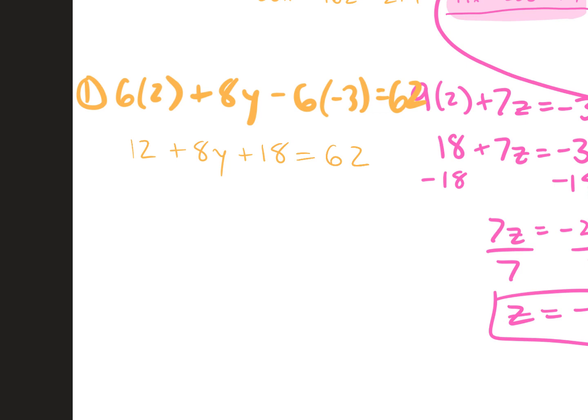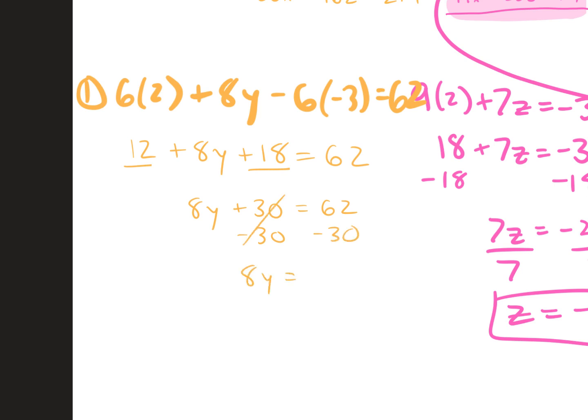What can I do next? I'm going to add 12 and 18 together. So 12 plus 18 would be 30. And then subtract 30.